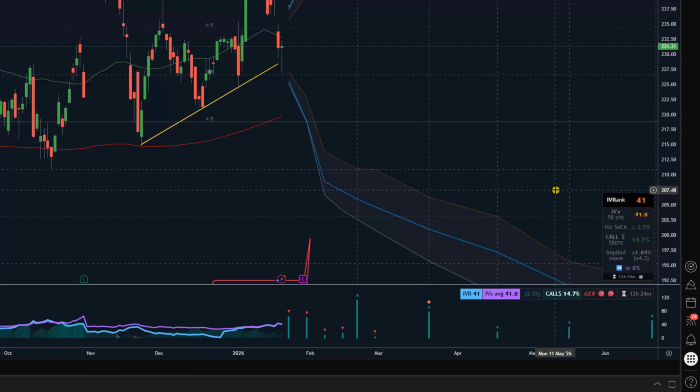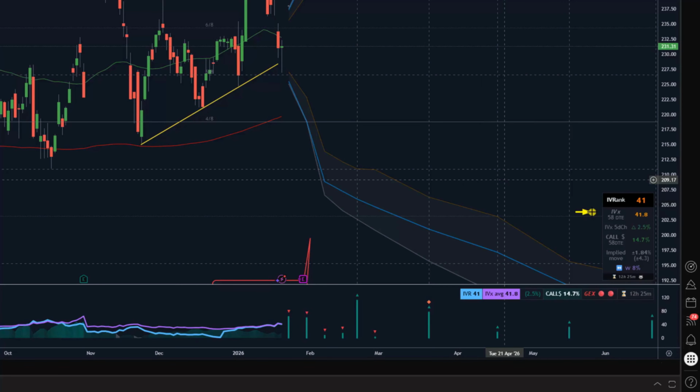So we are color coding the IV rank just to make it easier to understand what type of volatility regime you are trading in. So IV rank answers you one very specific question. Are options cheap or expensive? That's it. It answers you the question, based on the last 52 weeks, are options overpriced or underpriced?